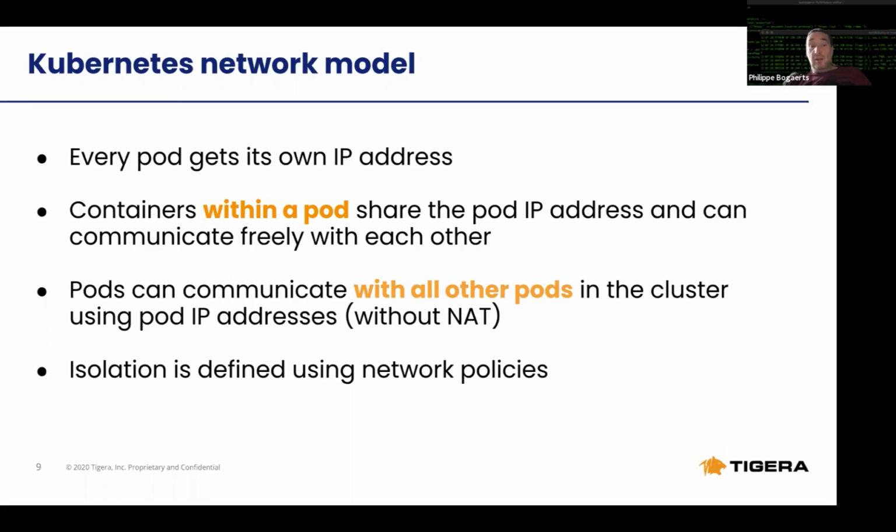The Kubernetes network model is an open communication path, meaning there is nothing that will block traffic between one pod and another pod. If you want to define isolation, you have to do that through the use of network policies. There are two types of network policies. One type is probably what you know, the Kubernetes native network policies that are available across most CNIs.